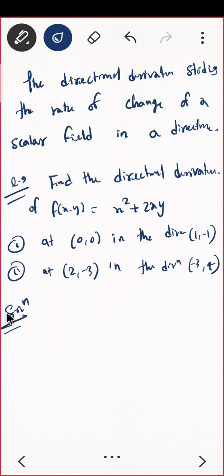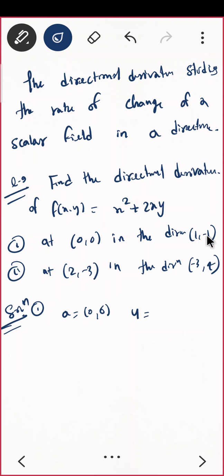Okay, so you are given a function, a point, this is my a, you may write here a is 0 0 for the first one, and you want to find u. This is a direction vector. What will u be? u was a unit vector. Can I make this vector a unit vector?